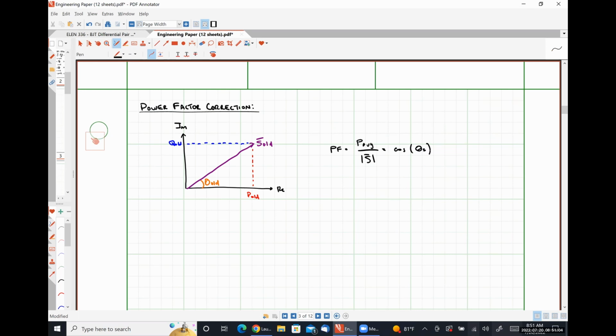So if we want to increase our power factor, we need to make theta, our power factor angle, smaller. How we are going to accomplish this is by placing a capacitor in parallel with our network.